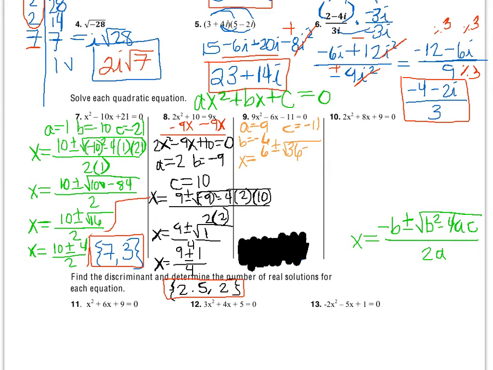Well, 36 times 10 is 360. So then 360 plus 36 is 396. And since it was a negative, this is going to turn into a positive 396. And this is all divided by 2 times A, so 2 times 9, which is 18.